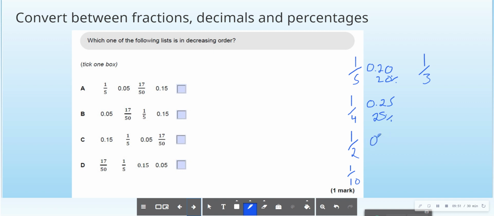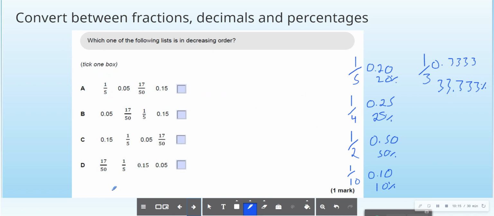A half, 0.50, 50%. A tenth, 0.10, 10%, and a third is 0.3333. Remember, it recurs, so it keeps going on, and that's 33.333%.